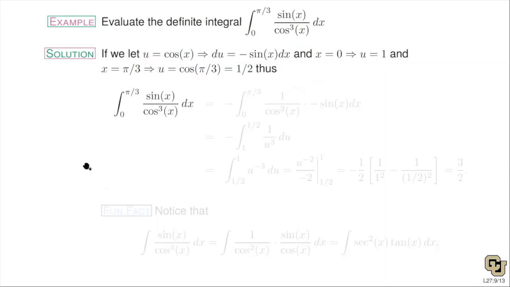Here's the original integral in the x variable, and now here's the integral in the u variable. Not yet. Here I multiplied by a minus on the inside and the outside so I can get my minus sine x dx. And I put the sine next to the dx. So this whole term now will become my du.